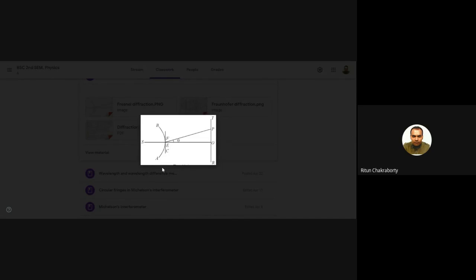Now this is the angle theta, the obliquity angle. Obliquity means how much. If a ray of light S travels from left to right like this, as you can follow my cursor, the ray moves in a straight path, S to E, E to O. This is the original rectilinear propagation of light, because we know that a light wave always travels in a straight line.